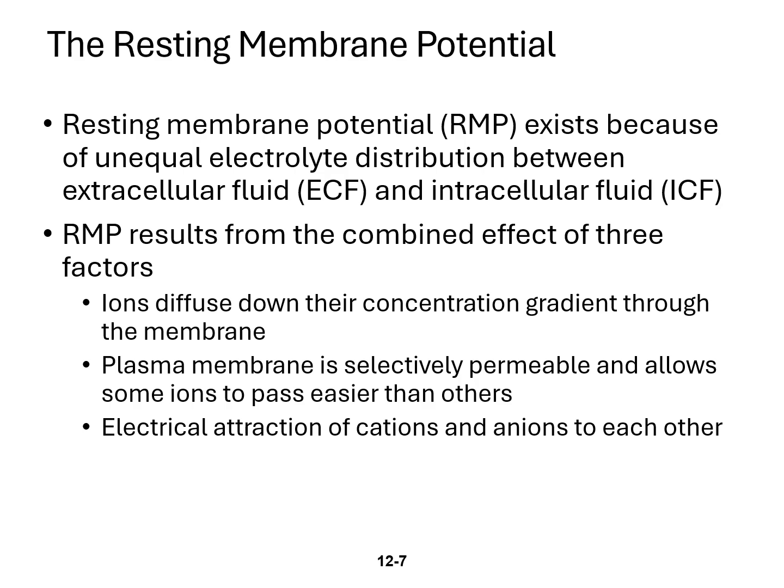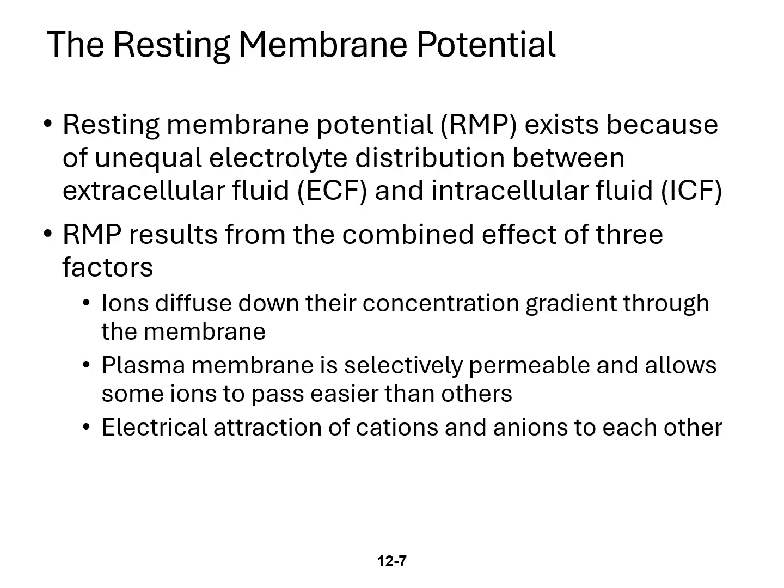Because there's more negative on the inside and on the outside there's more positive, that's why we have that unequal electrolyte distribution. So the resting membrane potential results from the combined effect of three factors.